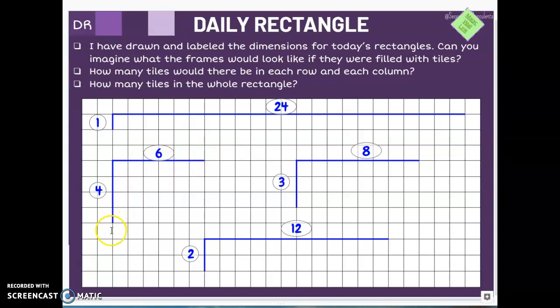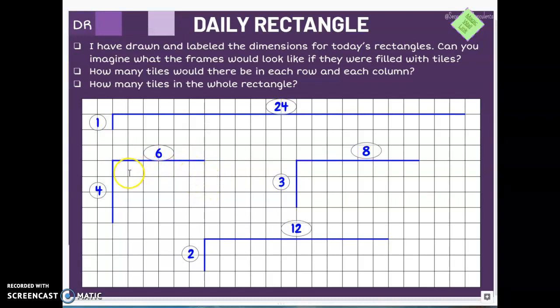How many tiles do we have in this rectangle altogether? Show a connection if you're thinking 24 again. Yeah, you may have thought of that in a few different ways. One way is you may have thought of 6 plus 6 as a double for these 2 rows to make 12.